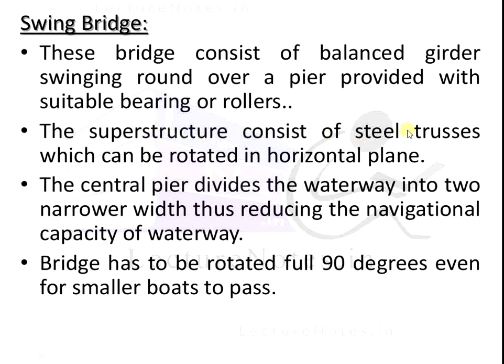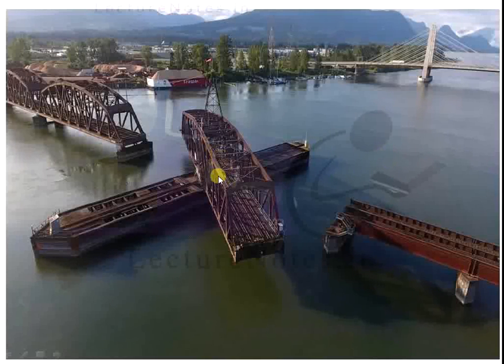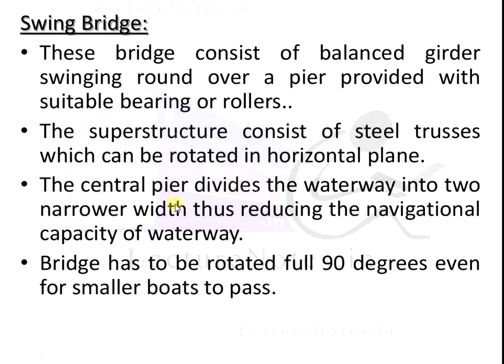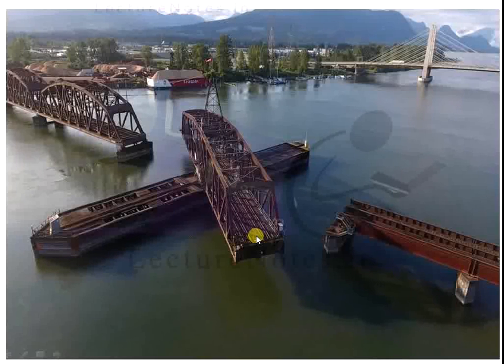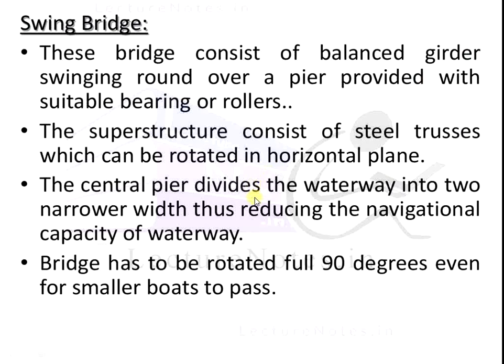The superstructure consists of steel trusses which can be rotated in a horizontal plane. Next, the central pier divides the waterway into two narrow channels, thus reducing the navigational capacity of the waterway.